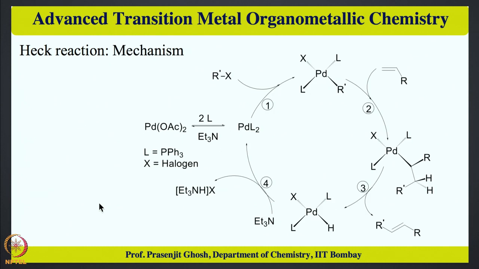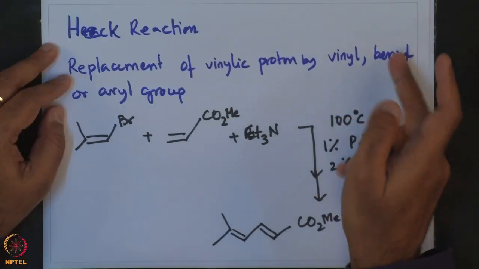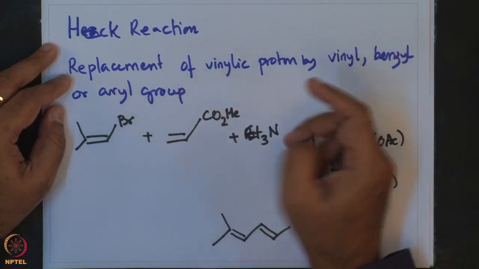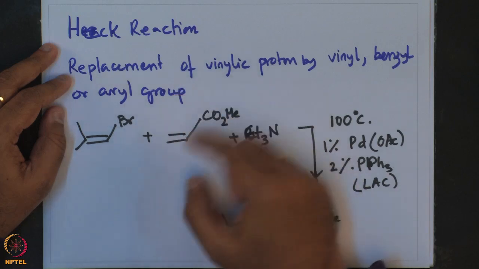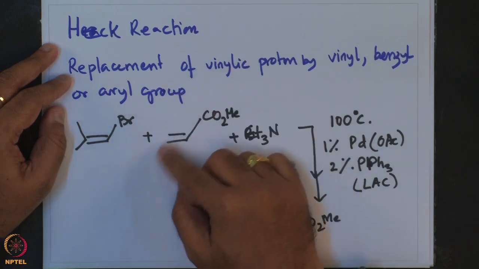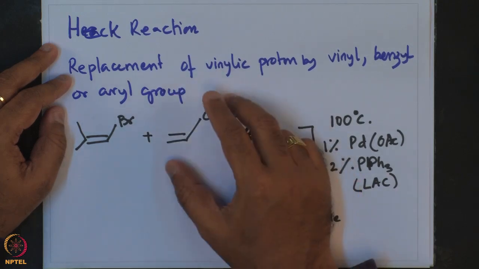Now, we would start looking at the mechanism, but before we do so, let me look at the substrate that undergoes this Heck reaction. The substrates are these vinyl halide, benzyl halide or aryl halide that adds against the vinylic proton of this activated olefin.